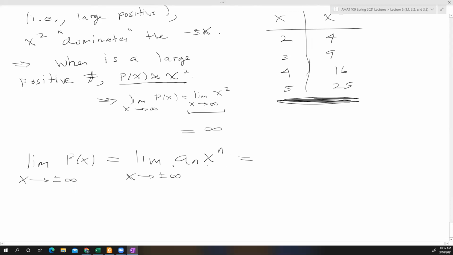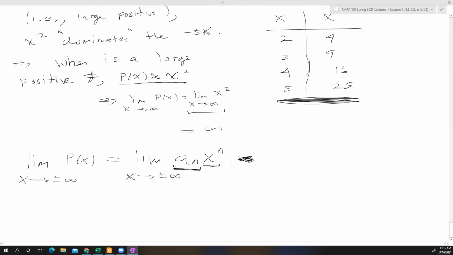When you take the limit of this, it's always going to be infinity or negative infinity, depending on whether it's even or odd. And then you have to worry about the sign, so that's why you need the leading coefficient and the x term.